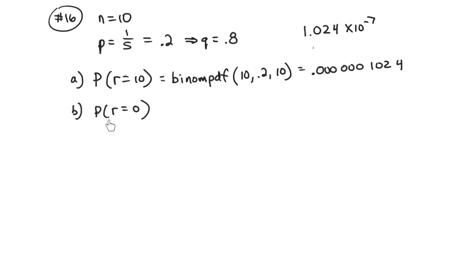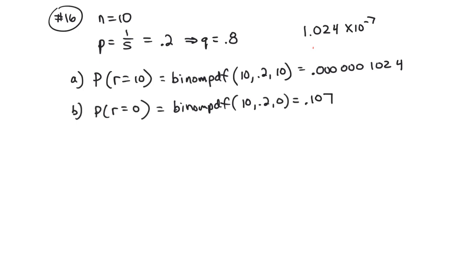So B, what is the probability that he will answer all questions incorrectly? So he gets really unlucky, gets them all wrong. So that's going to be binomial PDF, n, p, but this time r is 0. So let's try this one and see what we get. When I did this, I got roughly 0.107.